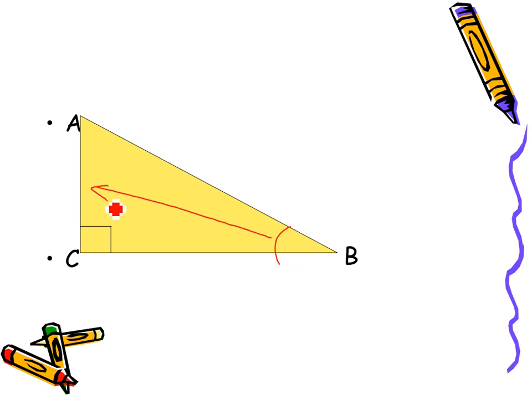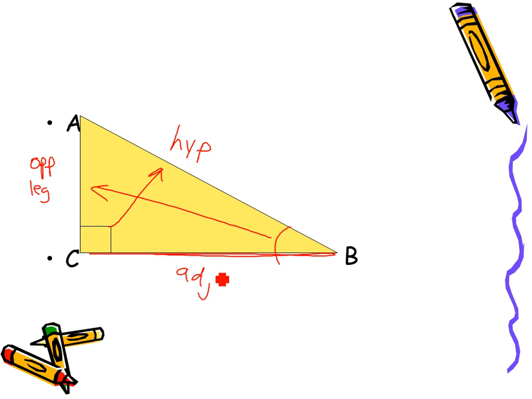That side is going to be labeled the opposite leg, and you can just put opposite. That side's going to be the hypotenuse. Then the side that's hooked to the angle you're dealing with is the adjacent. So you got to label all 3 of those so that you can set up each of these ratios every time. Know which angle you're dealing with.